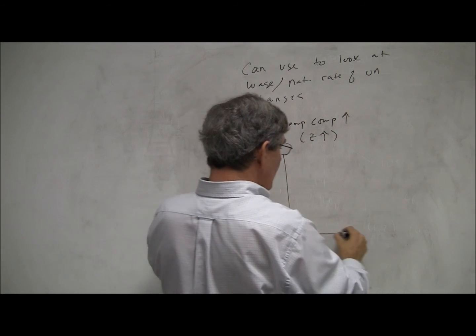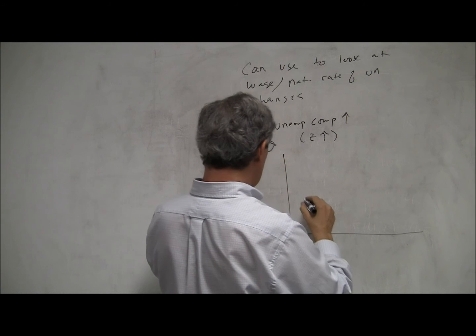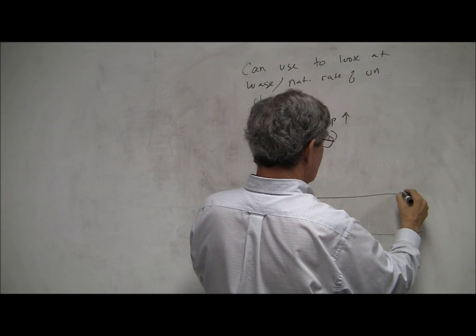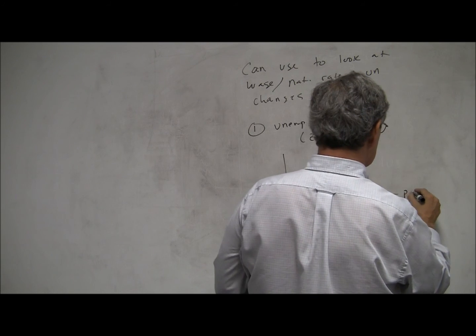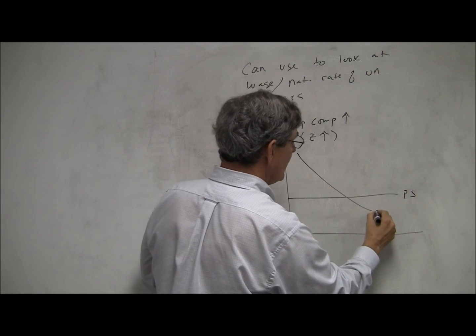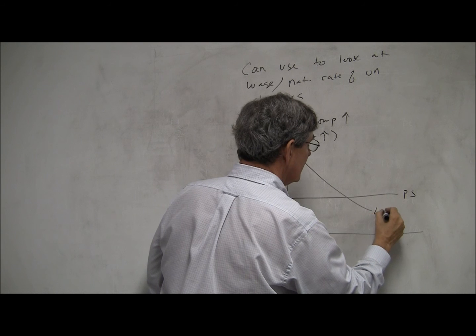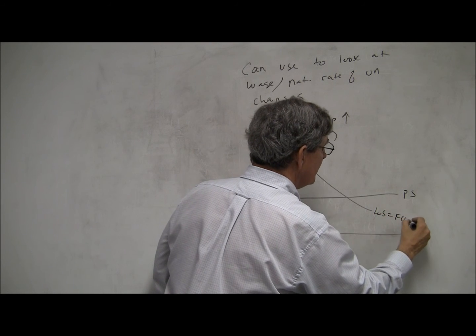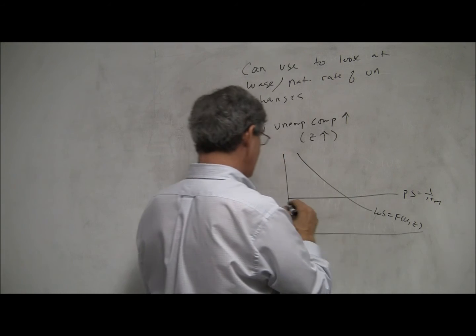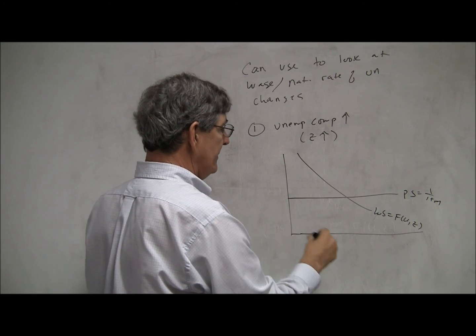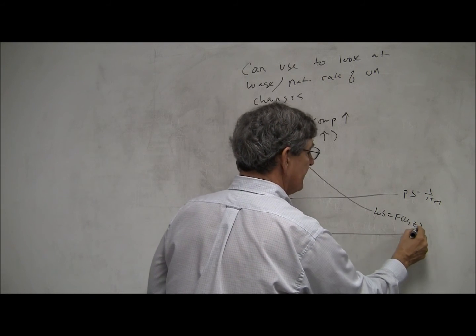Well, in our model, what did we have? We have the price setting equation, 1 over 1 plus M, and the wage setting equation, which is F of U and Z0.